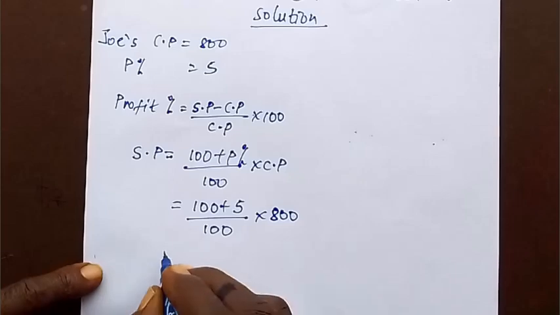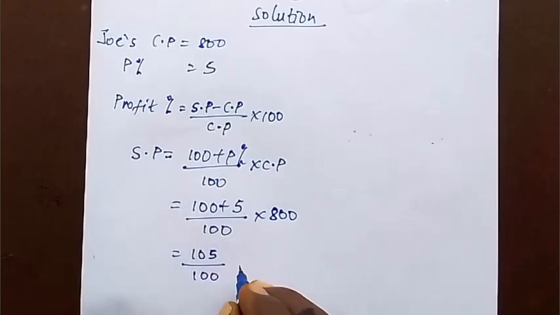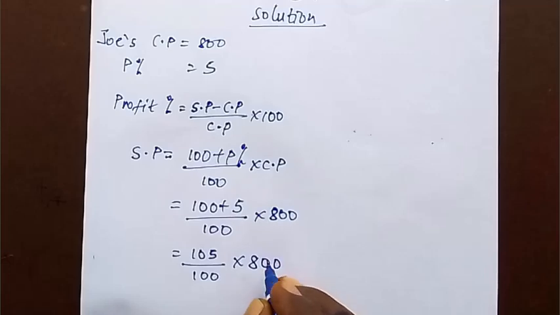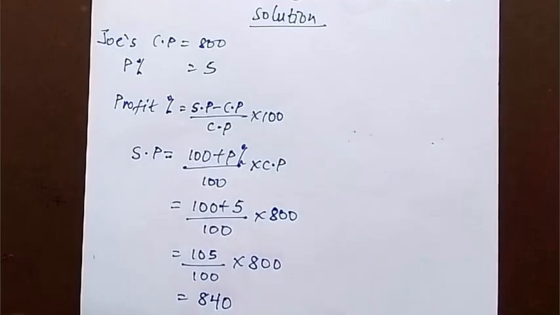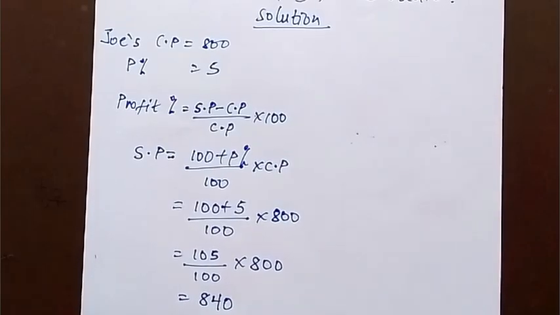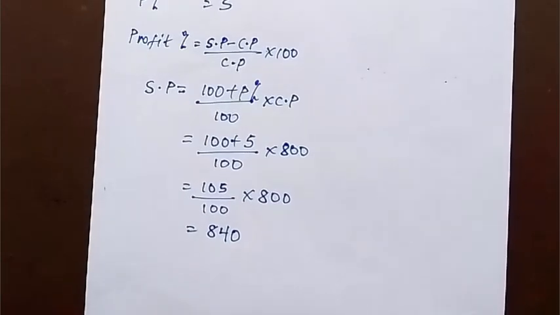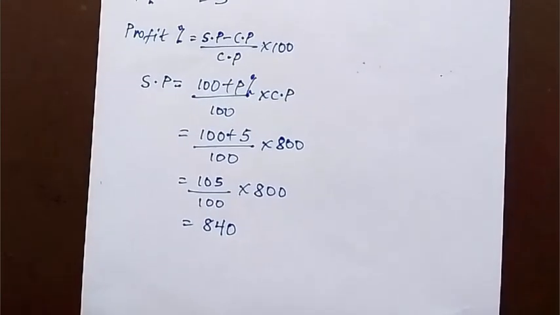From this, I have 105 over 100 multiplied by 800, and this is giving us 840, which means that Joe sold the radio to Edem for 840 Ghana cedis.